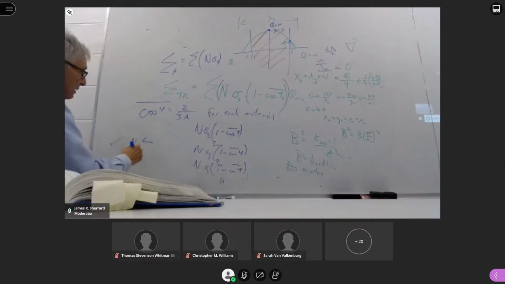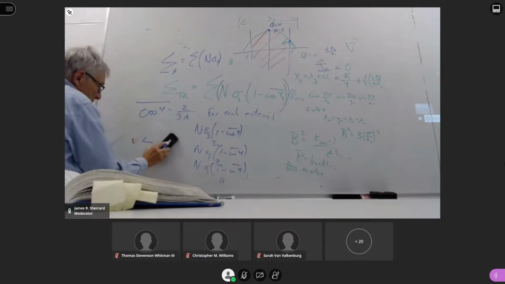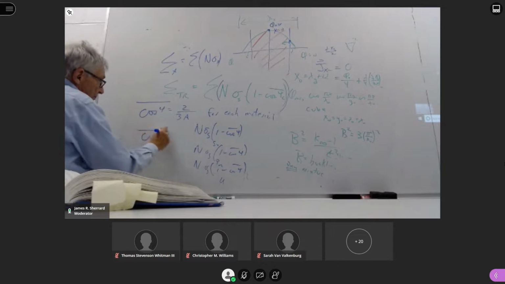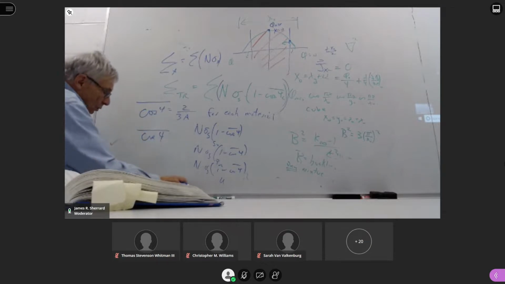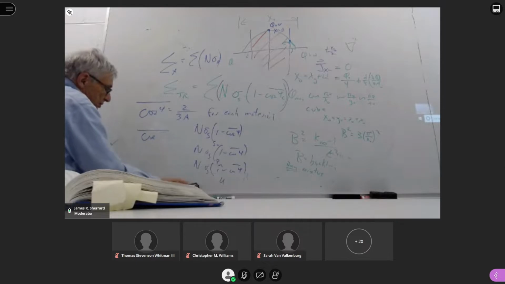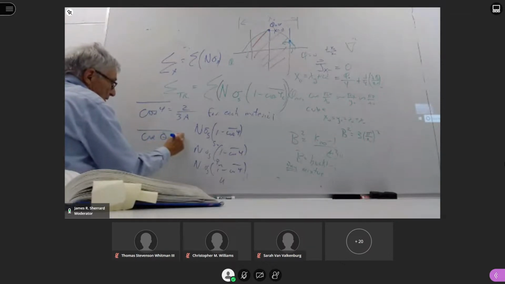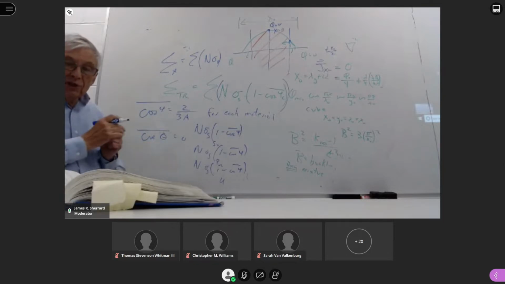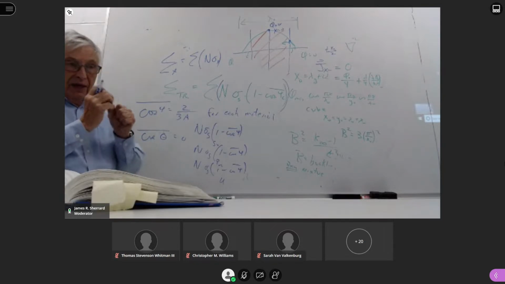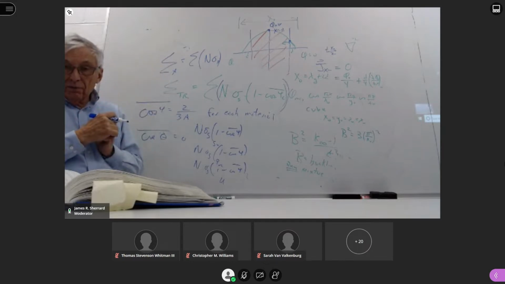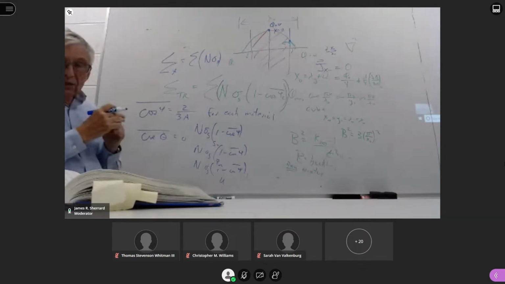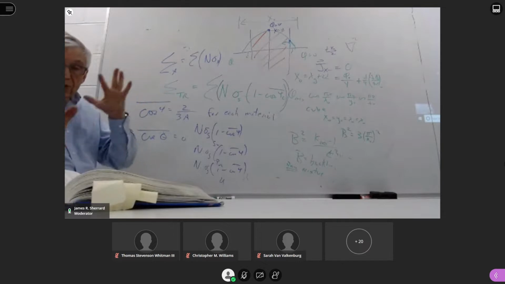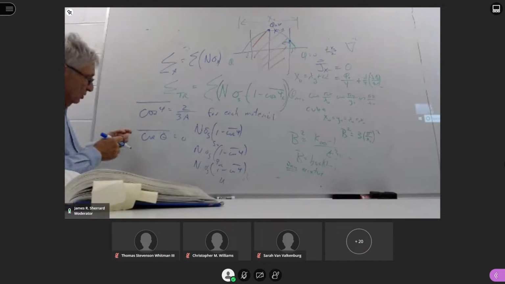And if you look at above that, it has what is the average value of scattering for, actually make this theta because it's center mass system. This is exactly 0 because when you have a scatter, it could go in any direction. It's isotropic, which means it can go in any direction. So therefore, the average value is 0.